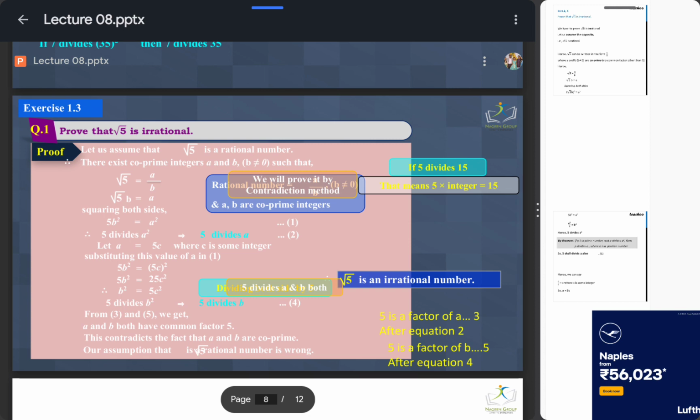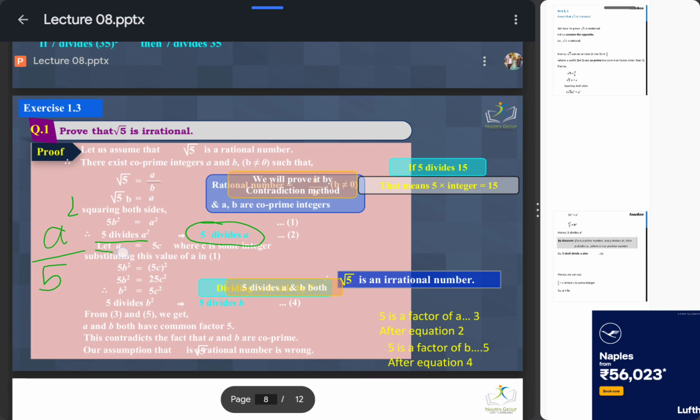So we will get 5 divides a square, such that 5 divides a also. As the theorem we can tell that 5 divides a, so a can be divisible by 5.